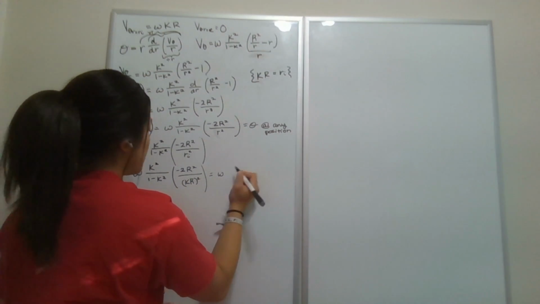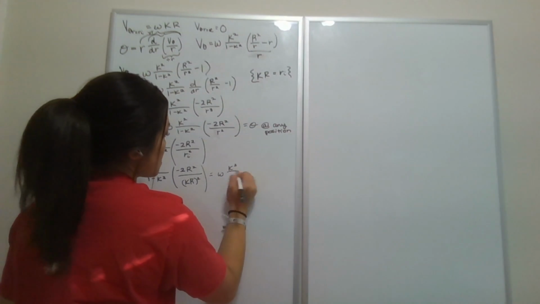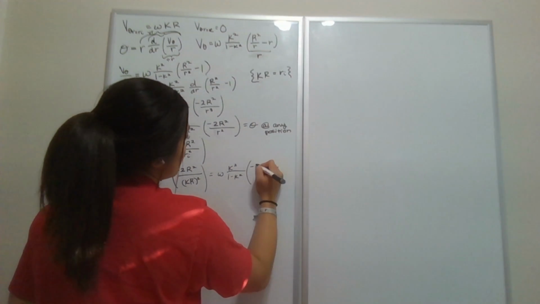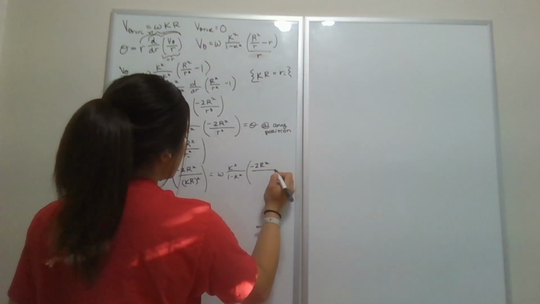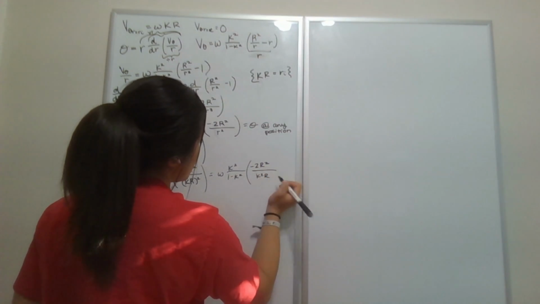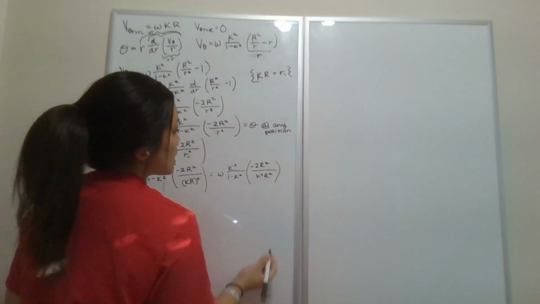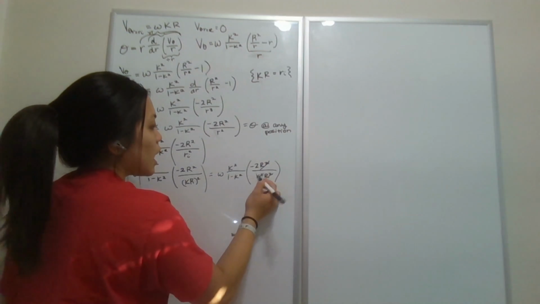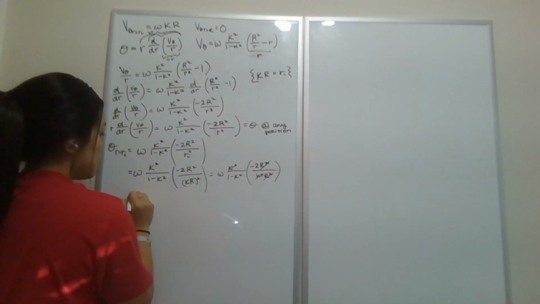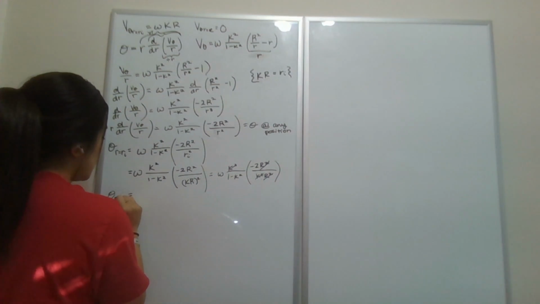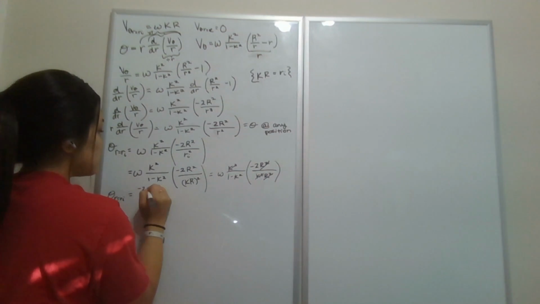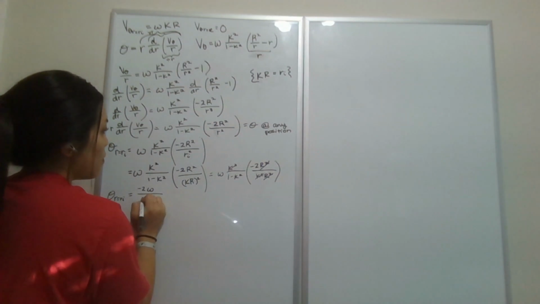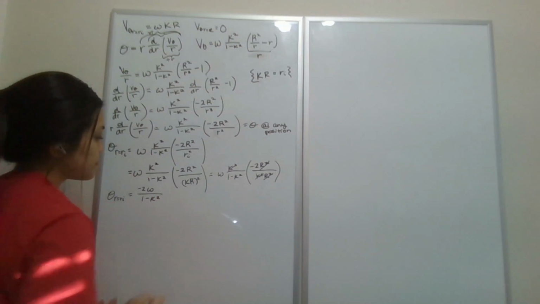So that's going to leave us with the angular frequency times the proportion squared divided by 1 minus the proportion squared times the quantity of negative 2 times the outer radius squared divided by the proportion squared times the outer radius squared, and we can cancel out these like terms, so canceling out the outer radius squared and the proportion squared, that's going to leave us with the shear rate at the inner radius equals negative 2 times the angular frequency divided by 1 minus the proportion squared.